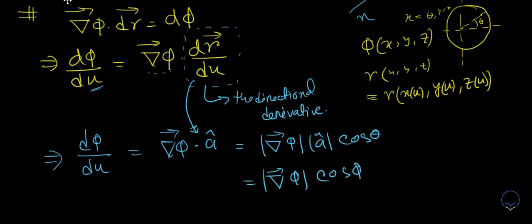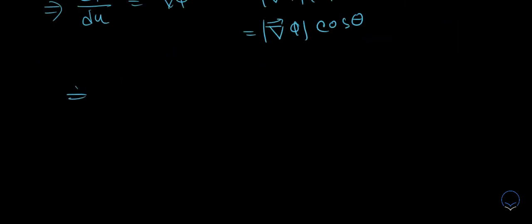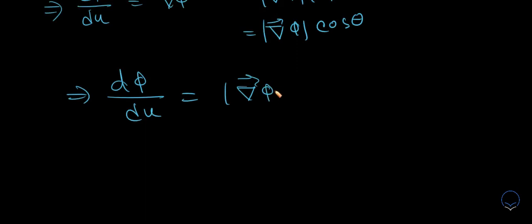Sorry, I wrote phi instead of theta. So theta, like this. So now you have d phi du as gradient of phi, that is its modulus, and cosine theta. So what does this mean?